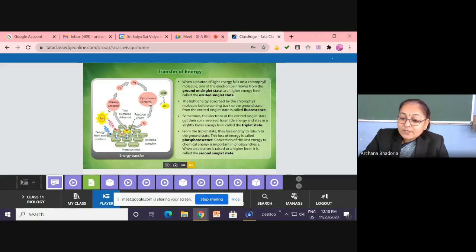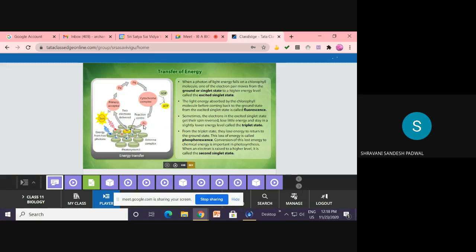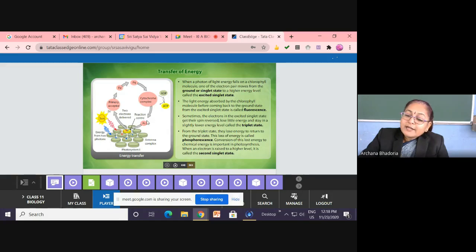Okay, I'll give you the detailed diagram later. Then the cytochrome complex will transfer the electrons to plastocyanin. What is this? Plastocyanin. And now the electrons will come back to the same reaction center. Is it very clear? So what is happening here?